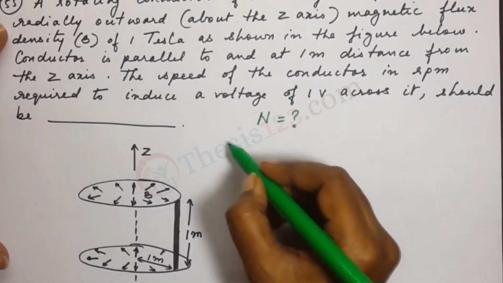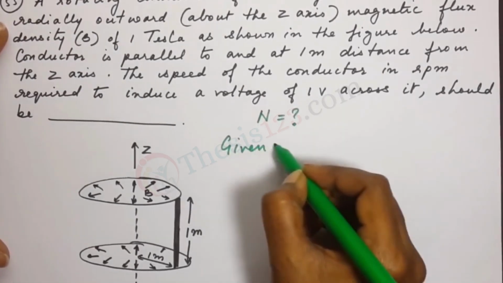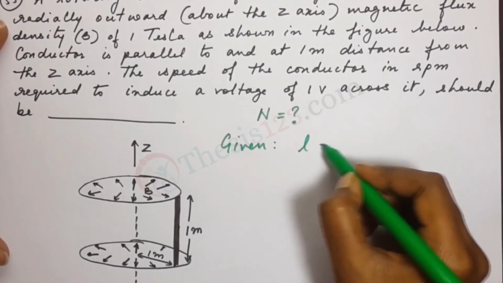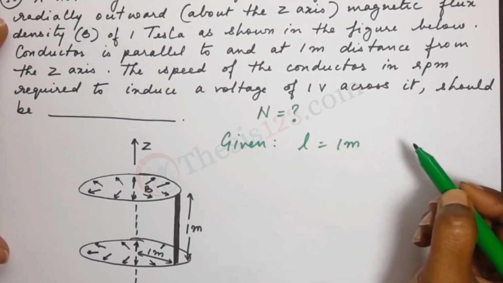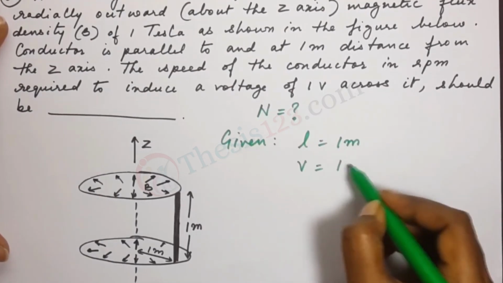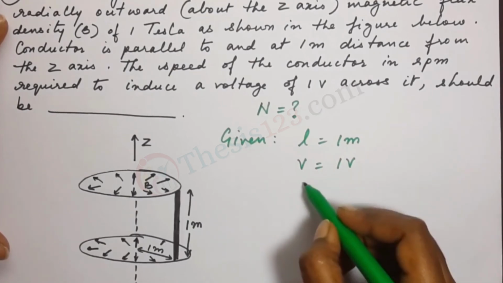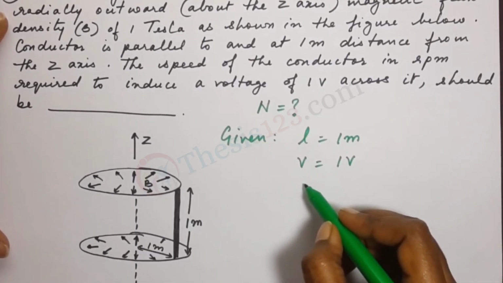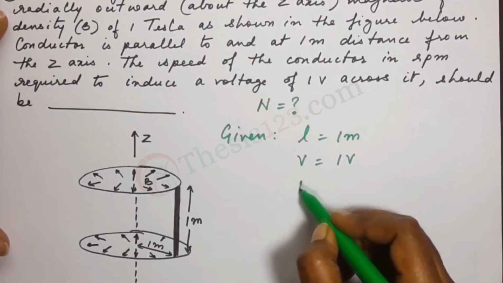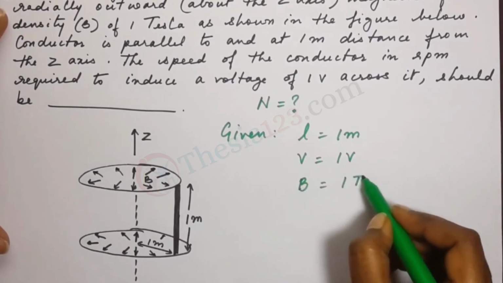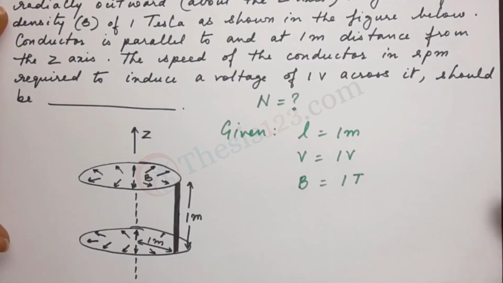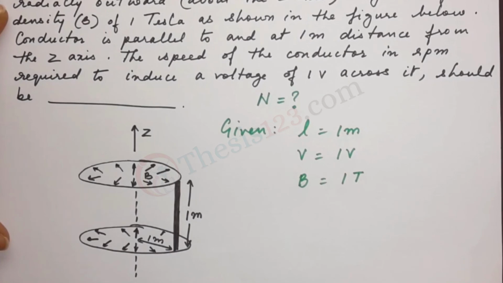Alright, let's write down what's given to us. We have been given the length L as 1 meter. We have the voltage given as 1 volt. We also have the magnetic flux density B as 1 Tesla. Okay, so let's start with voltage induced.